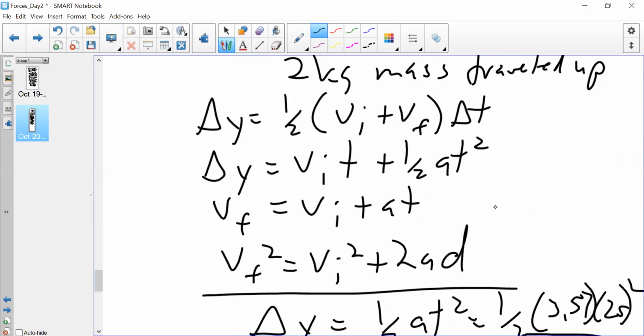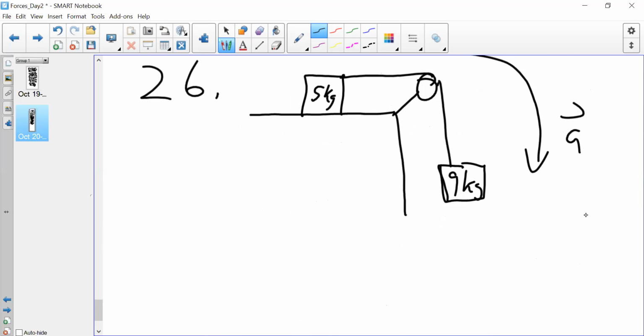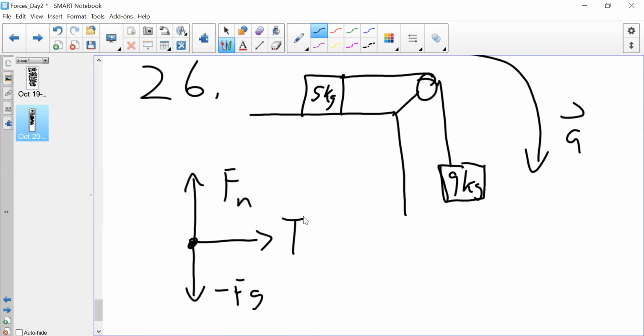Okay, and then we come all the way down to 26. Same logic. It's a little bit easier because we don't have a ramp. So we have a normal force for the 5 kilogram mass, and minus Fg. And then it has a tension that goes this way, and it's positive because it's going in the direction of the acceleration.